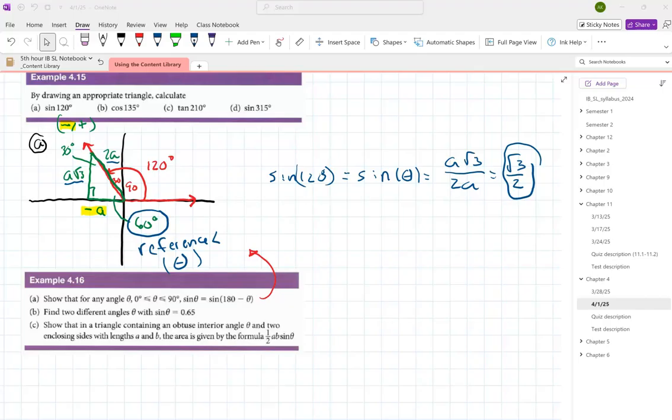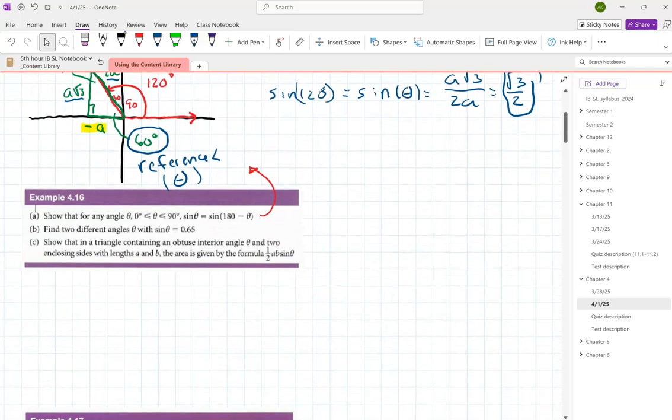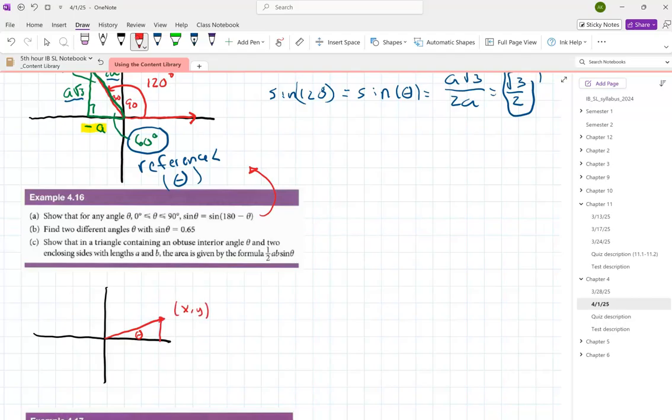Okay, that's fine. So their explanation was, if I draw angle theta here, this is some point x comma y, where this is my distance x, that's my distance y, and I'm going to call the hypotenuse z.